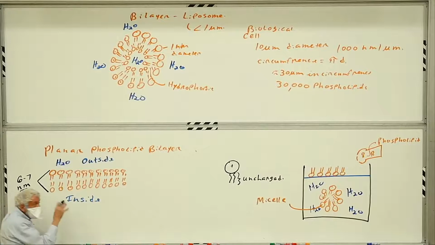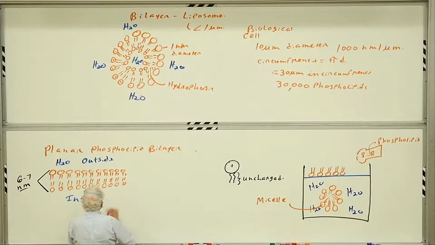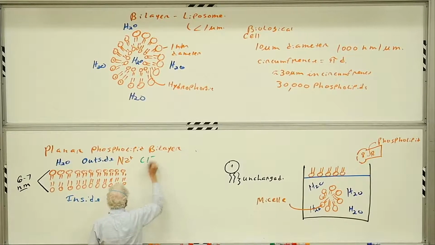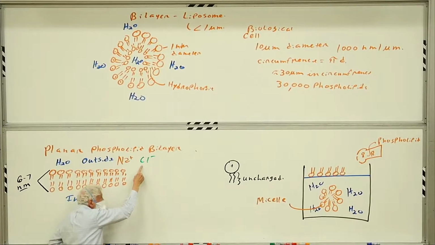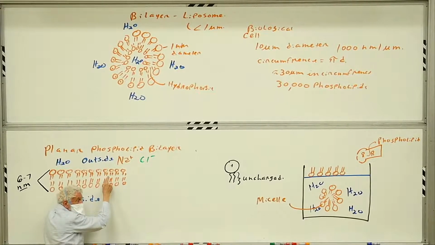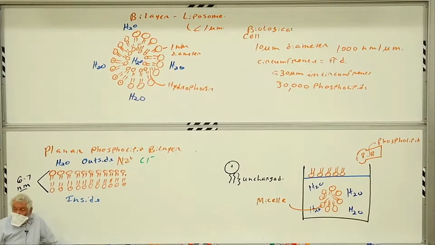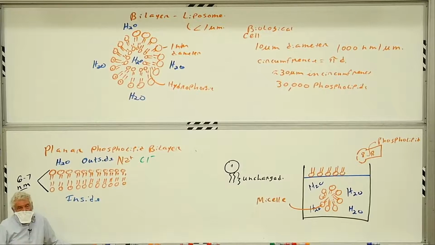So if we have, for instance, sodium ions out here, or chloride ions out here, these highly charged particles cannot easily pass through this hydrophobic region of the phospholipid bilayer. This is a pretty formidable barrier to these ions. And yet, for our nerves to function, for our muscles to function, for all of our cells to function, we need to be able to regularly and controllably move ions from one side of the membrane to the other.